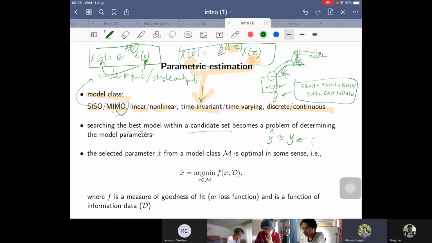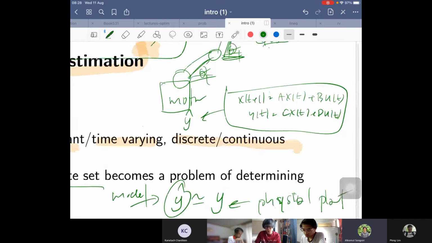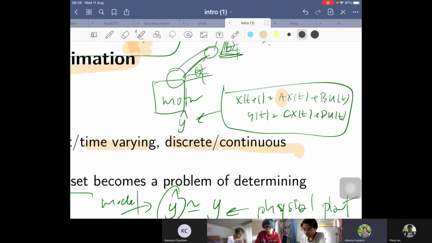The real output is from the physical plant, and y hat is from your model. When we say we search for the best model within the candidate set, it means the problem is to tune, to select, to find the best values of A, B, C, D. That's what we call the parameters of the system.